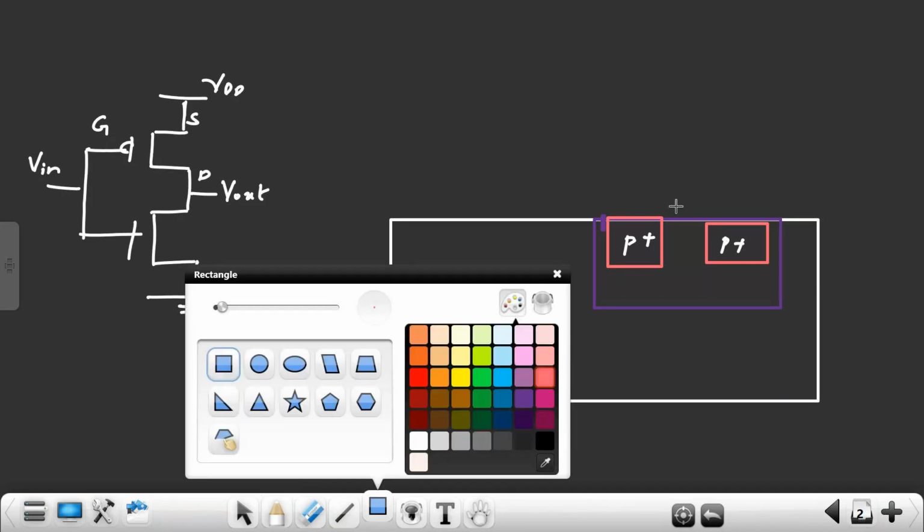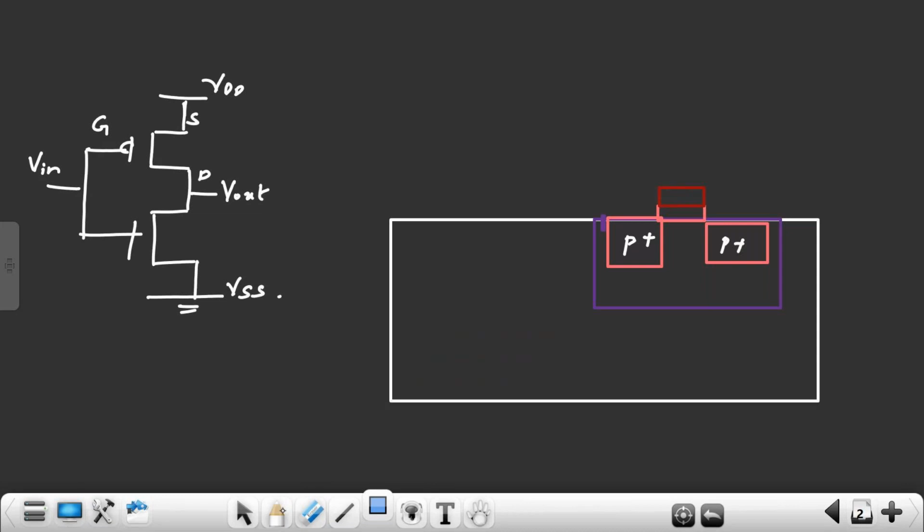On top of this, you have silicon dioxide, and on top of that, polysilicon. This is the gate, this is the drain, and this is the source. This is your PMOS, fabricated in the N well.